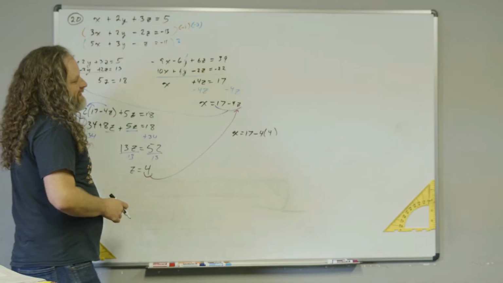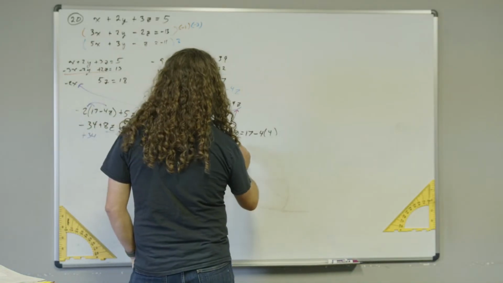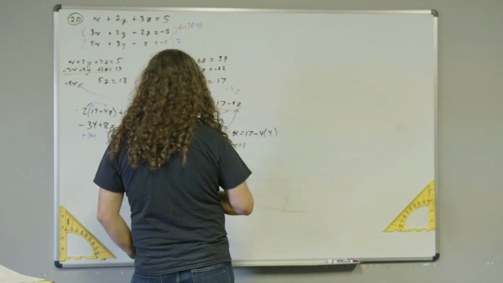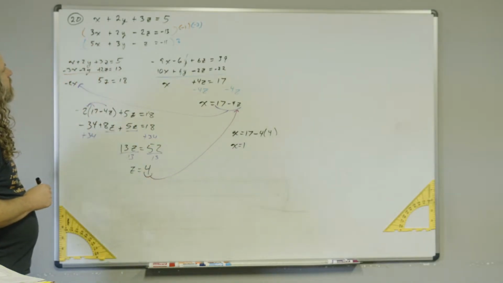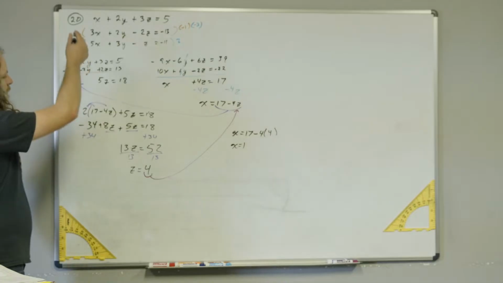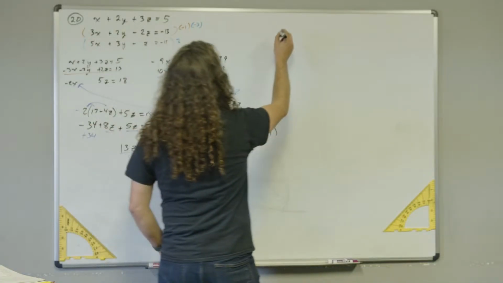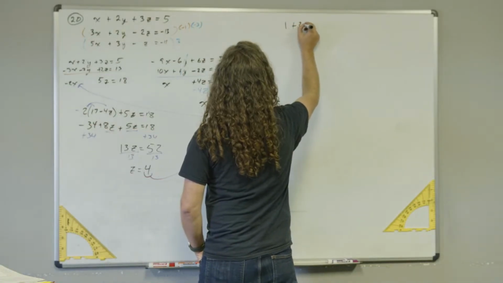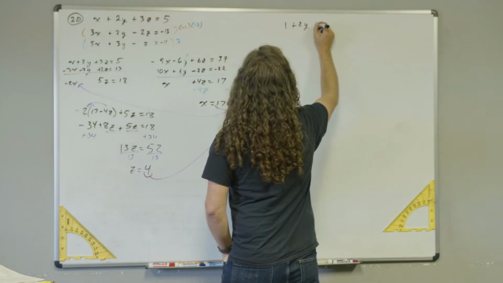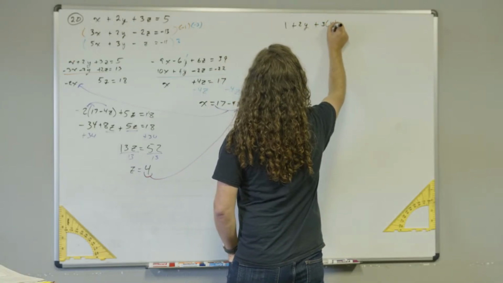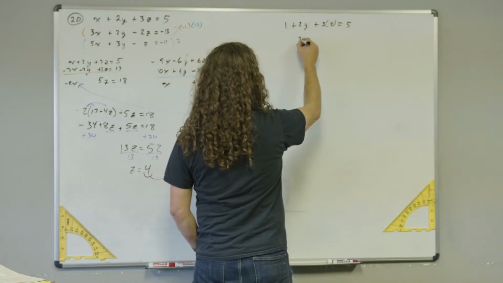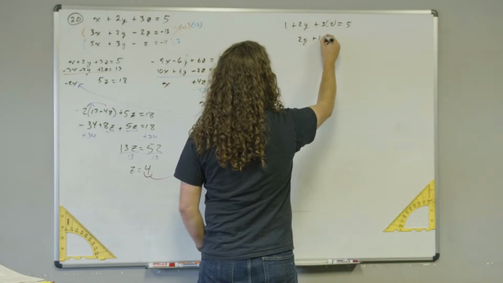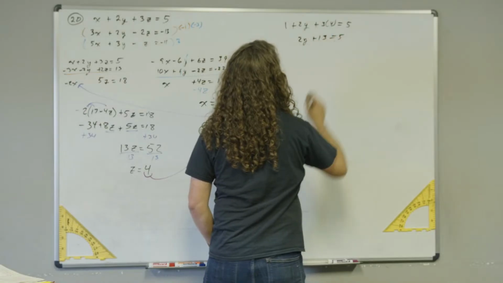So we get 1. I like it when the answer's 1. And then let's plug it in somewhere else, the easy one. 1 plus 2y plus 3 times 4 equals 5. 2y plus 13 equals 5.